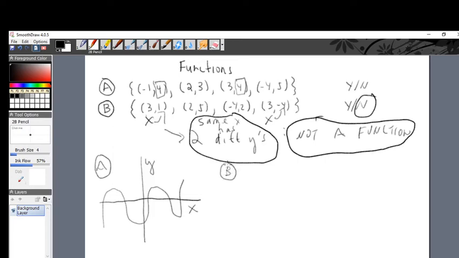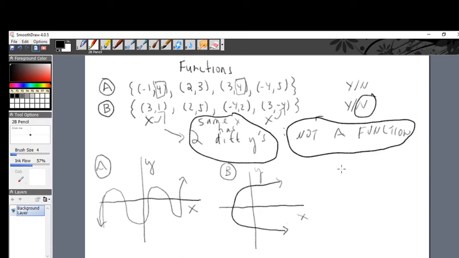I'm going to save my room here. I have the y-axis and the x-axis. And here's what it looks like. It looks like this, and it keeps going. This one also keeps going. This came from somewhere. It also came from somewhere, etc.